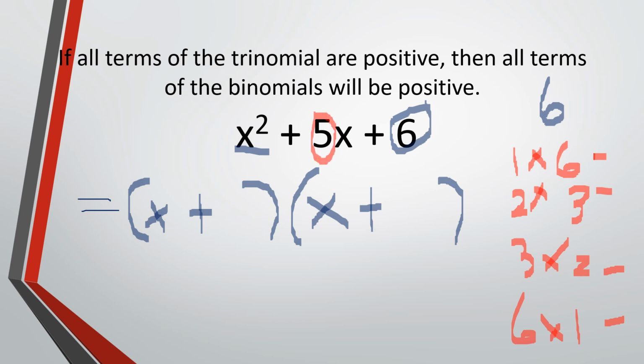Now let me erase this one. We will change it into addition. If you add 1 to 6, the answer is 7. 2 added to 3, the answer is 5.